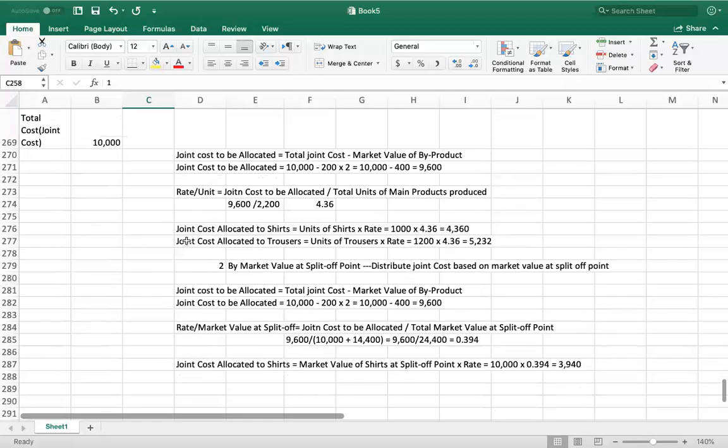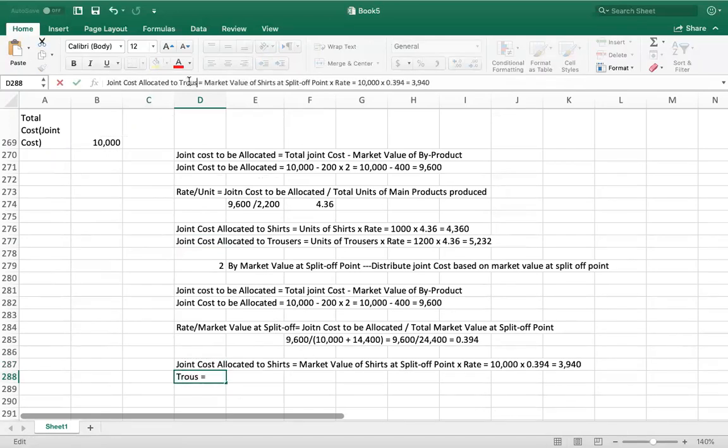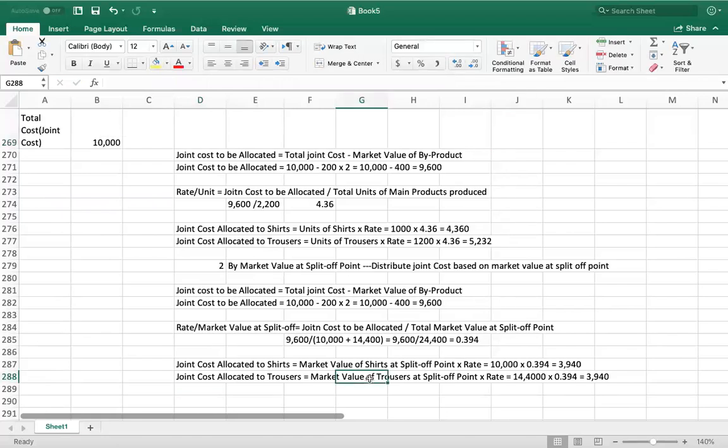Similarly, you can see what is the joint cost to allocate it to trousers. So what you will do, the market value of trousers, what is the market value of trousers? 14,400.